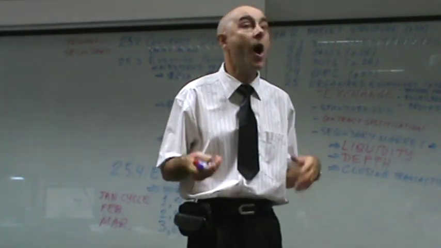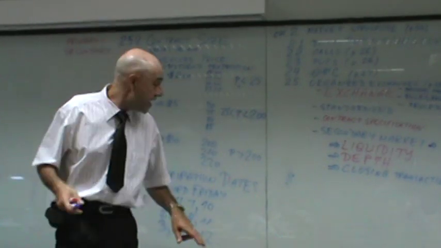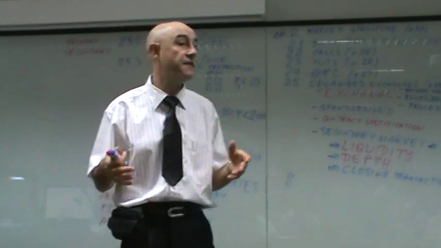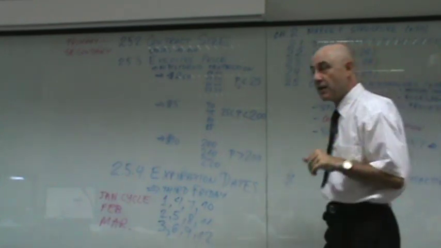Options belong to one of these cycles and expire on the third Friday of the respective month. Is that fairly clear?